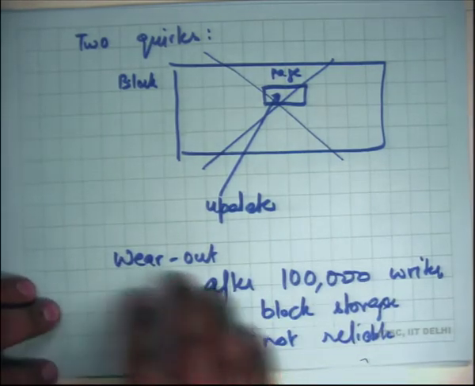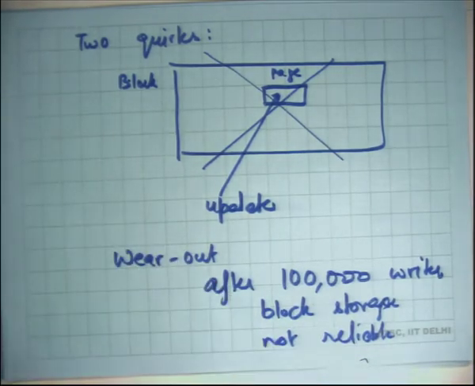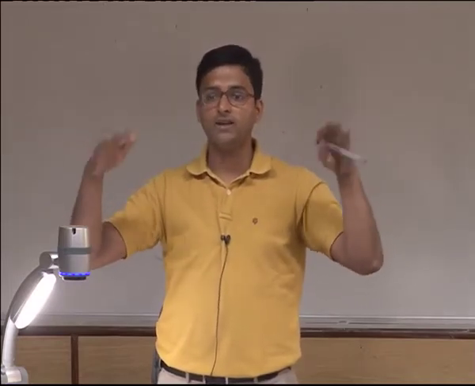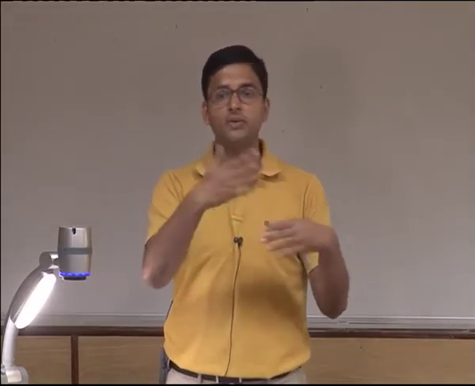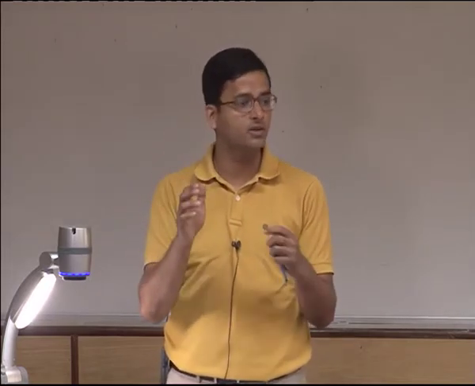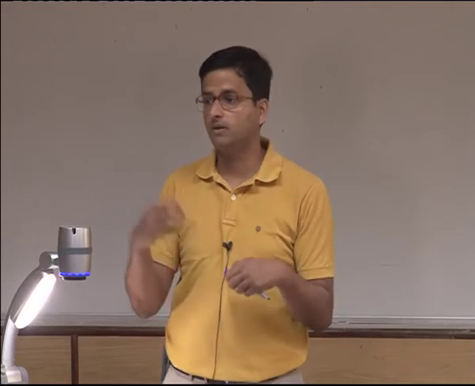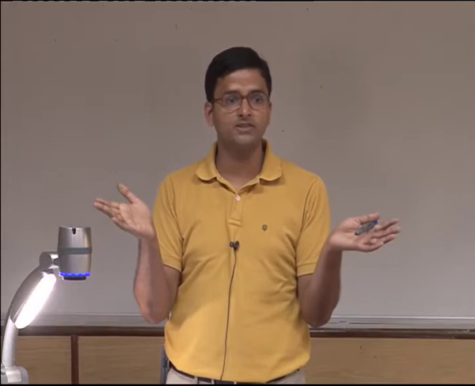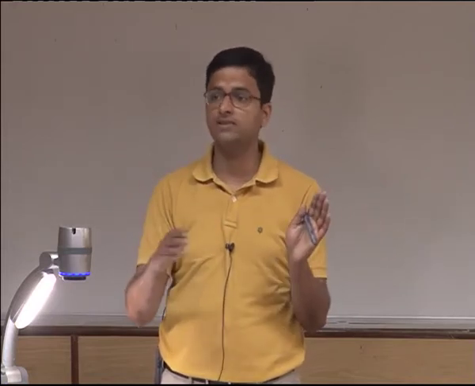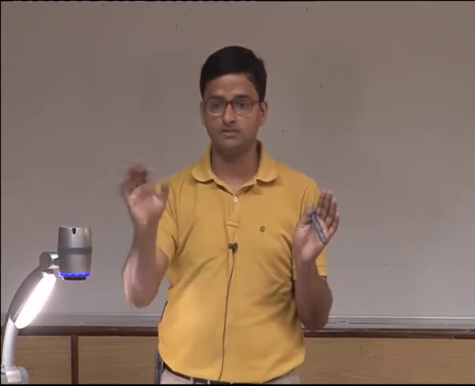So for example, for wear out, you would want to build some support either at the operating system level or at the hardware level to ensure that all blocks wear out at roughly the same time. In other words, there shouldn't be any hotspots in your flash storage. There shouldn't be a block that's constantly being written to, because then the flash storage lasts only as long as the block that first goes wrong.